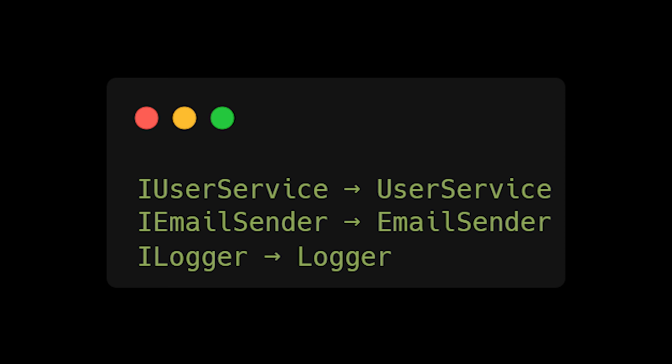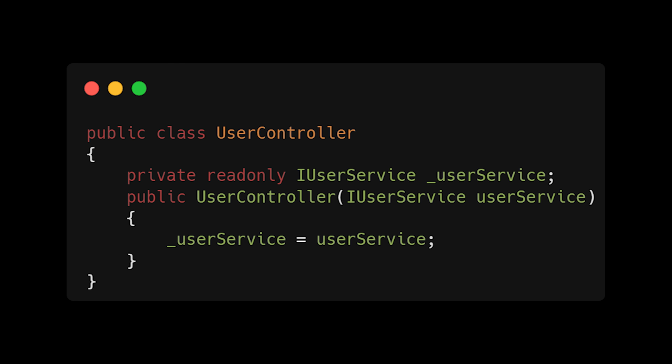The container keeps a registry, a dictionary that looks something like this internally: IUserService to UserService, IEmailSender to EmailSender, ILogger to Logger. Then, when your controller asks for a dependency, the container looks it up, builds it, including its own dependencies, and injects it automatically.